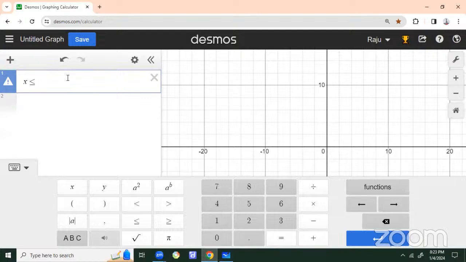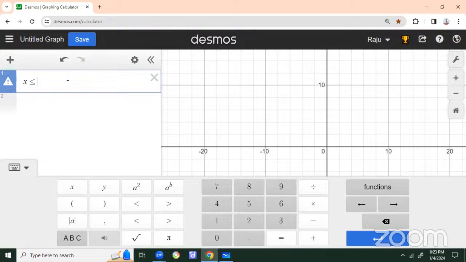X less or equals to 4, in which region will the solution region lie? First, what will be the boundary line? Is it x equals to 4? Yes, sir. X equals to 4 will be the boundary line.